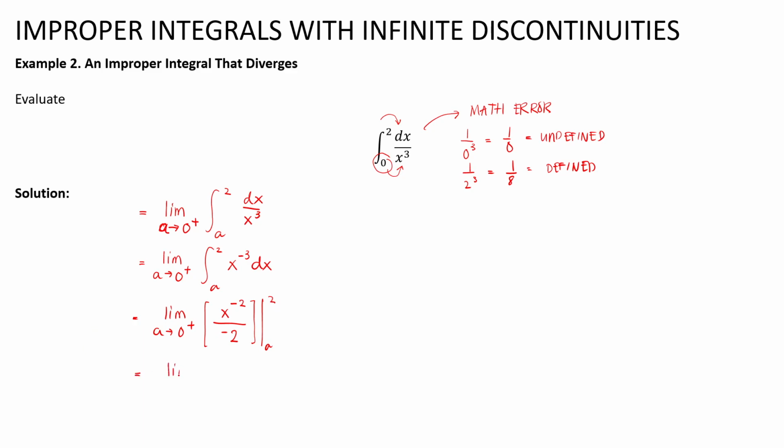So this gives us the limit as a approaches the right-hand side of 0 of negative 1 over 2x squared, from a to 2. Giving the limits, this will be negative 1 all over 2 times 2 squared as the upper limit, minus the lower limit.